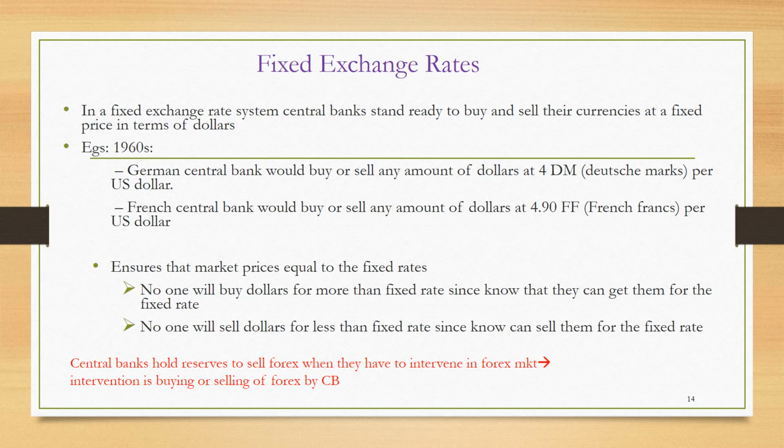But if you have a fixed exchange rate, for example in the 60s, your German central bank, the Bundesbank, would buy or sell any amount of dollars at 4 Deutschmark, that was the currency, per US dollar. So they'd have to be prepared to buy or sell any amount of foreign currency to keep the Deutschmark pegged or fixed at that rate.